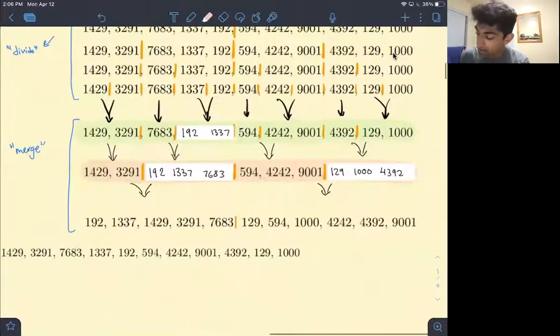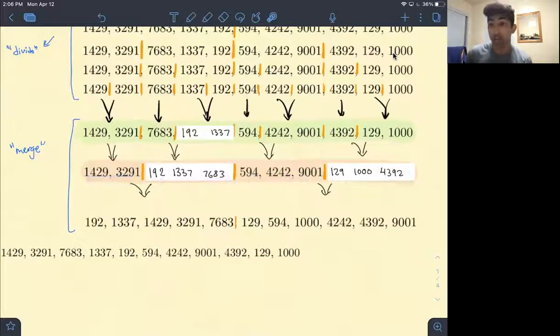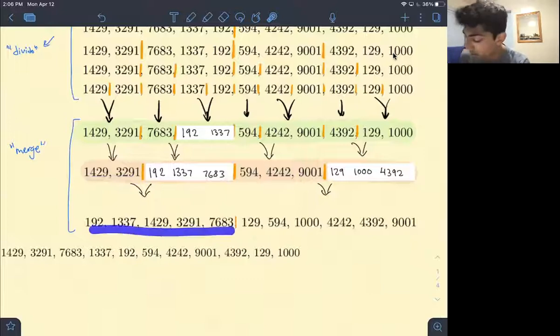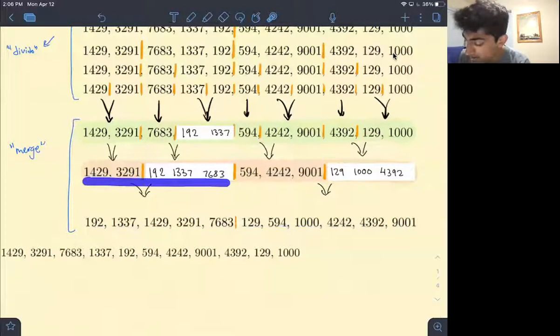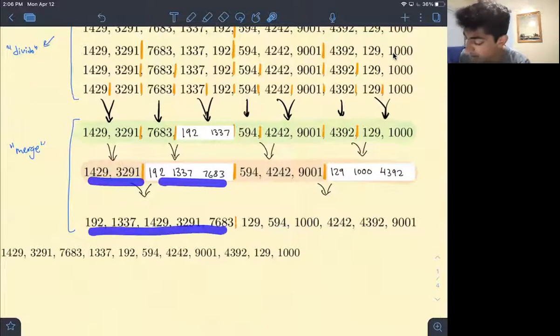So now at this point in the algorithm, we have 4 sorted runs. So what we're going to do is take those 4 sorted runs and make them into 2 sorted runs. How we're going to do that is we'll take these 2 adjacent runs and merge them together. In the same fashion, we'll merge these 2 runs together. And what we'll notice is that after merging these 2 runs, we get this run, and after merging these 2 runs, we get this run.